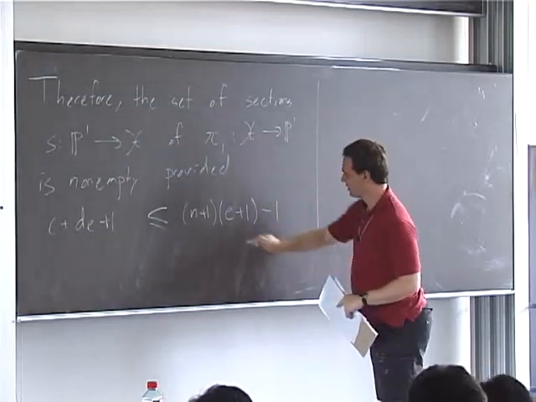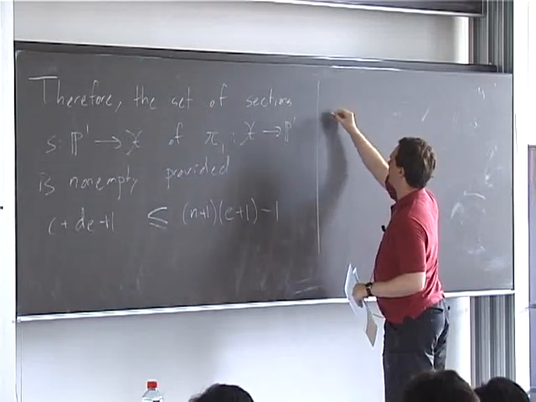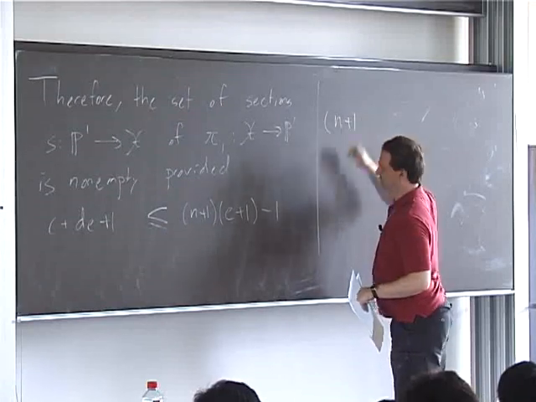Now let's gather this in terms of e. So we have n plus 1 copies of e here.